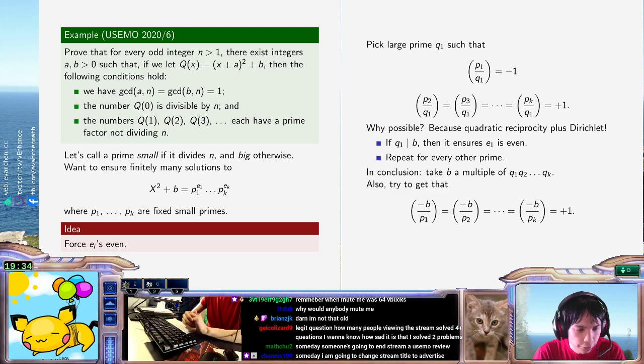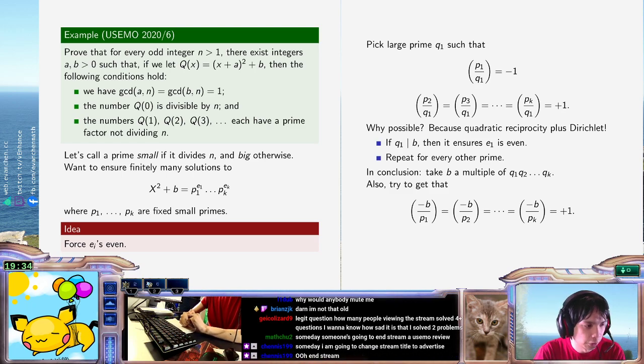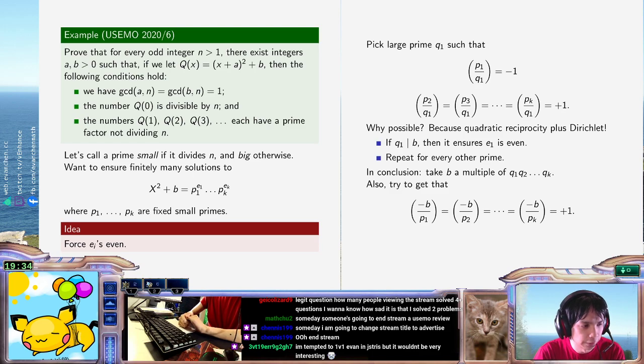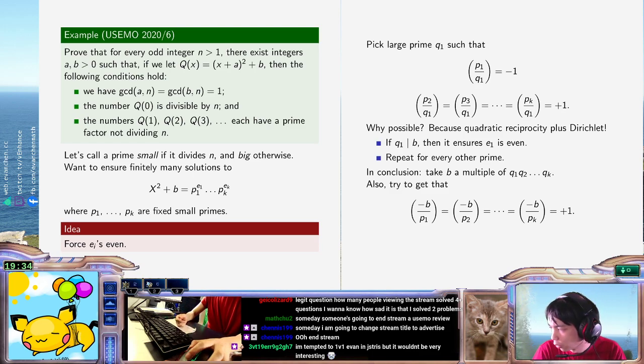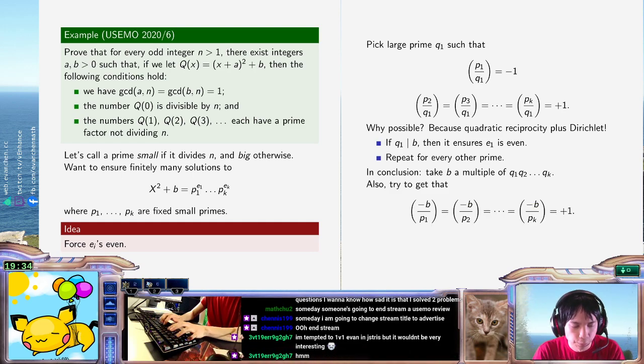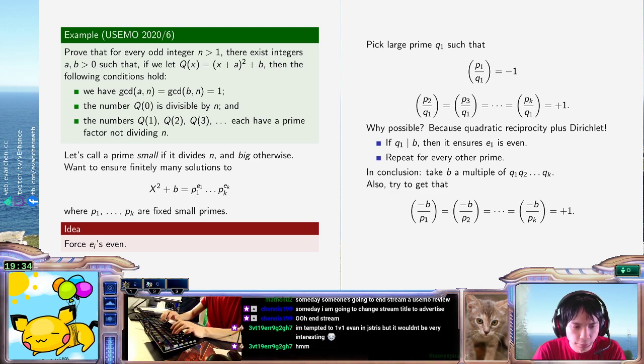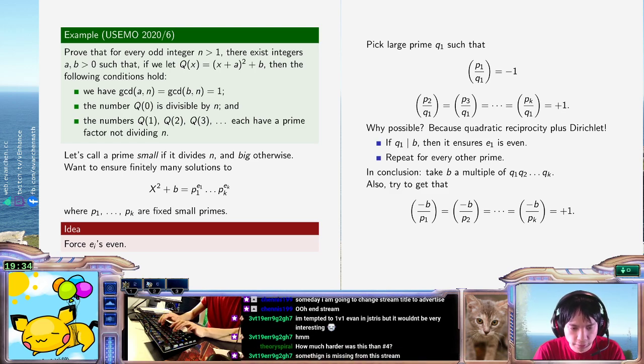So this is the other constraint. It means that I just multiply Q by some suitable prime to get the P_i to be divisible by suitable amounts. And now P1 will divide some element of Q, etc.